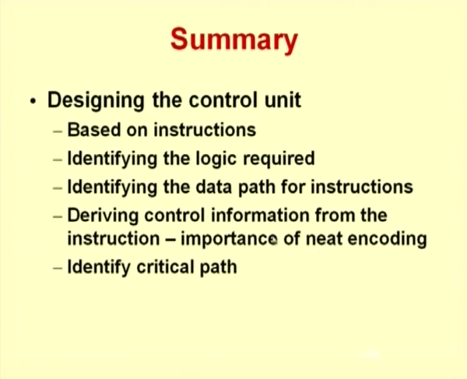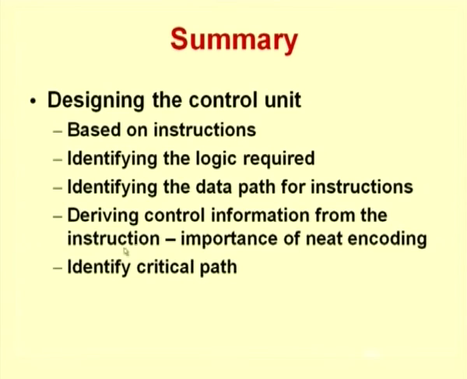That is, the output of some of the units also gives us some control information. So, we use the information coming from the instruction, the opcode and the other fields, and also some information which comes from the different functional units when it is getting executed, and we use a combination of these two to derive the control information.